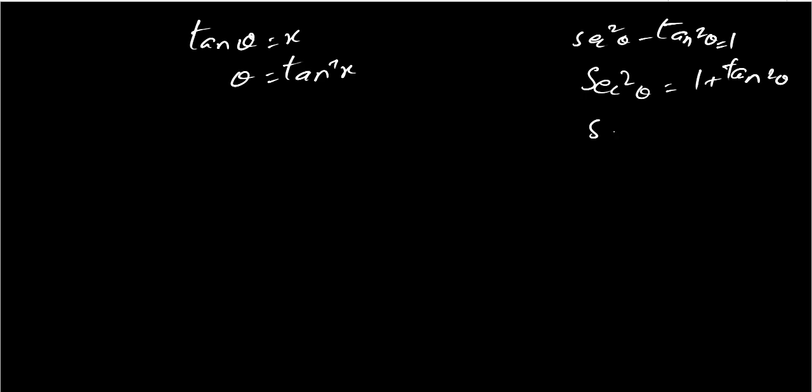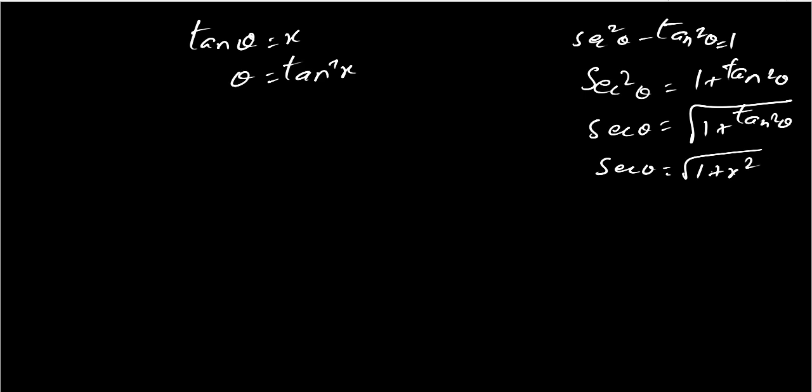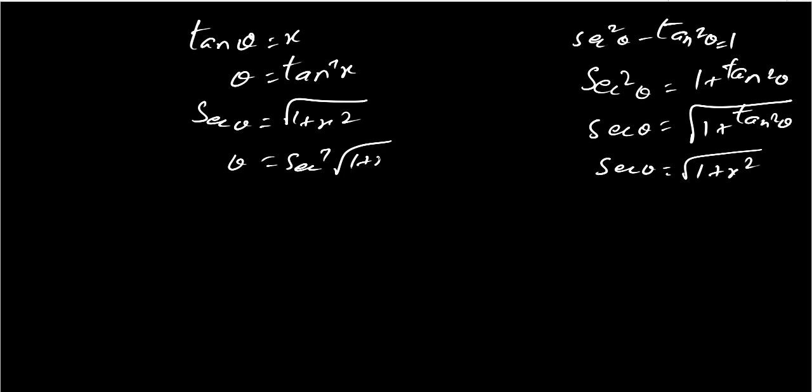So that secant theta will be secant theta equal to square root of 1 plus tan square theta. Tan square theta we have taken as x. So it will become secant theta equal to square root of 1 plus x square. That is theta equal to secant inverse of square root of 1 plus x square.